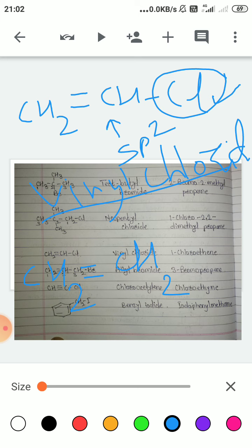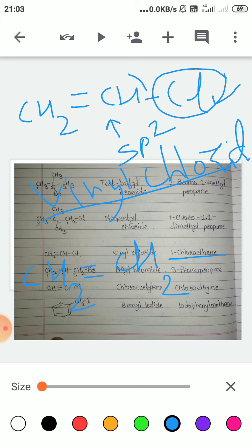Therefore this compound is a substituted ethene, in which one hydrogen atom is replaced by one chlorine atom, and therefore the name of the compound is 1-chloroethene. Here there is no need to mention 1, that is the first position of the chlorine atom.